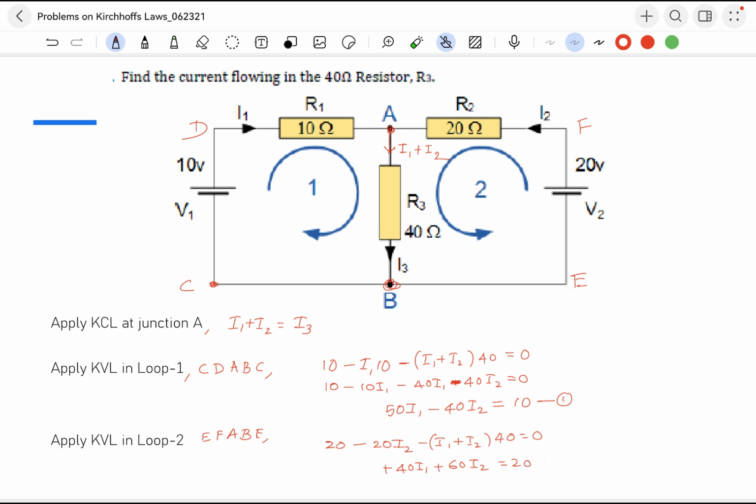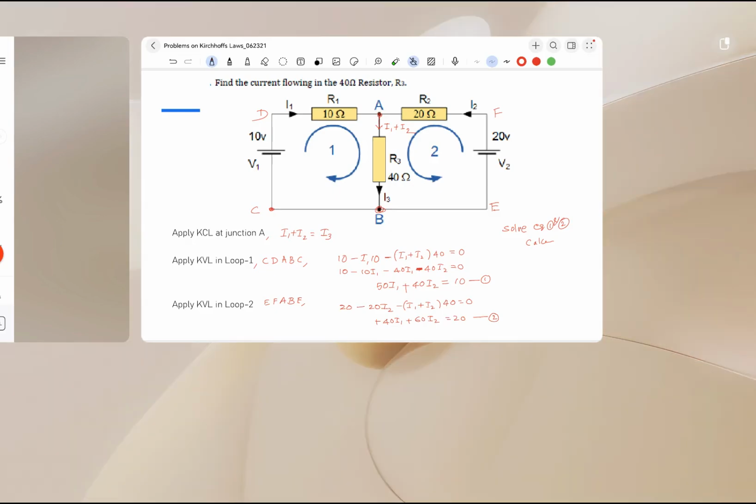When we simplify we get this, equation number 2. Just solve equations 1 and 2 using the calculator. Take your time. Here this also becomes positive, I forgot. Okay, 50, 40, 10. Let's use the calculator.